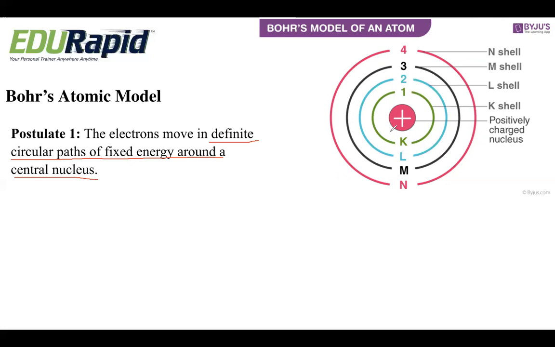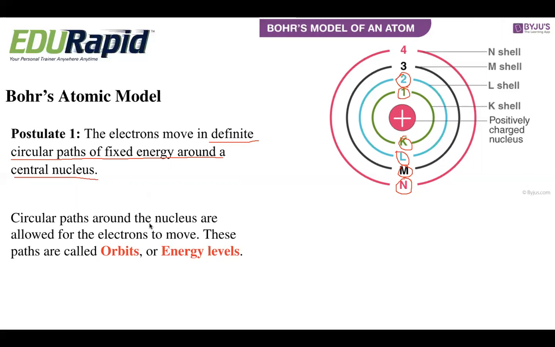As I told you, K, L, M, N are the 4 shells. The first shell is the K shell, the second is the L shell, the third is the M shell, and lastly the N shell. These are the 4 shells in which the electrons revolve. So the first limitation was overcome by Bohr's atomic model.